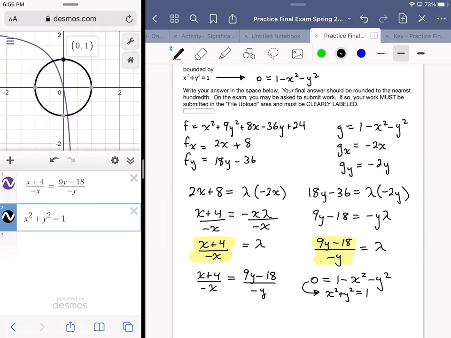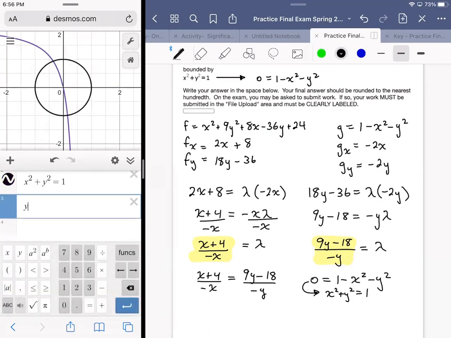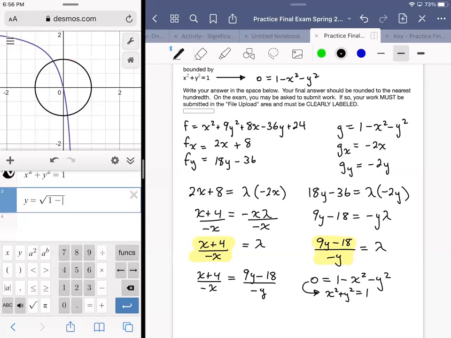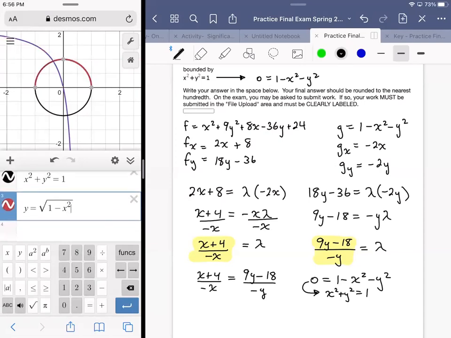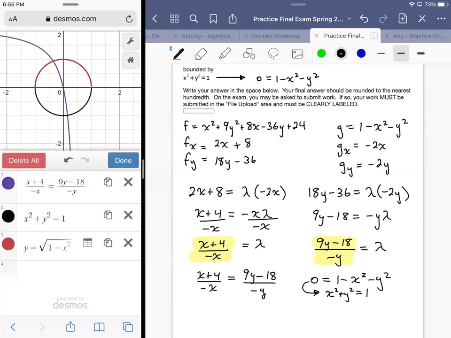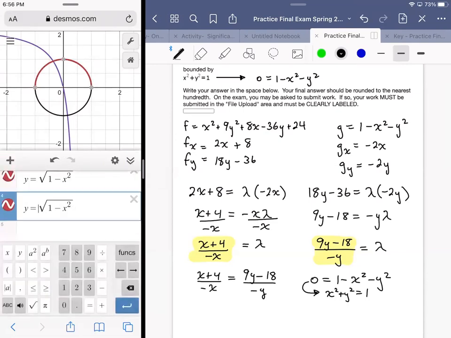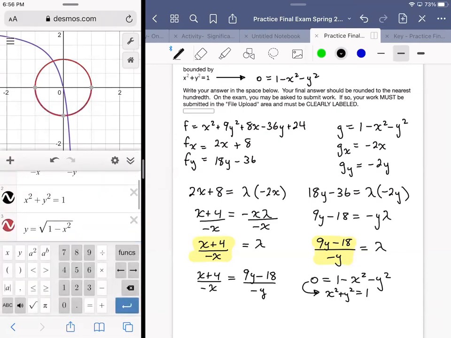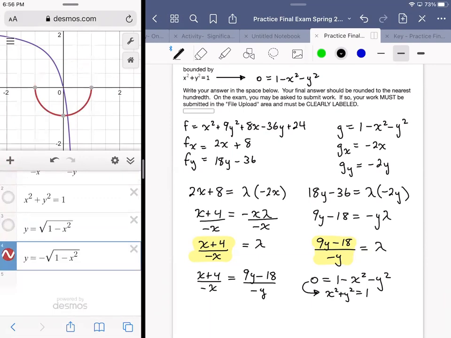And then what I'll do is write it as y equals the square root of 1 minus x squared. Turn this one off. Duplicate. Make this one negative. So I have my two pieces here.